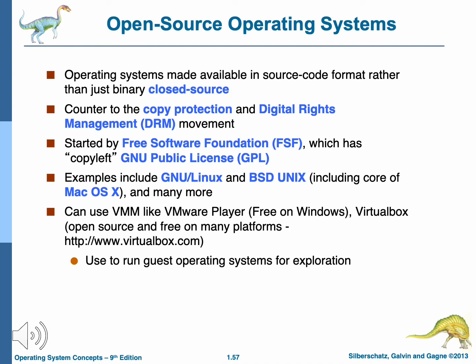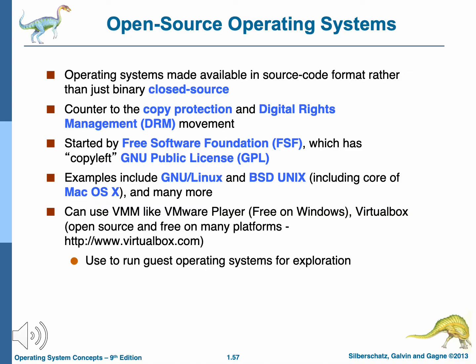Open source operating systems. We noted at the beginning of this chapter that the study of operating systems has been made easier by the availability of a vast number of open source releases. Open source operating systems are those available in source code format rather than as compiled binary code.